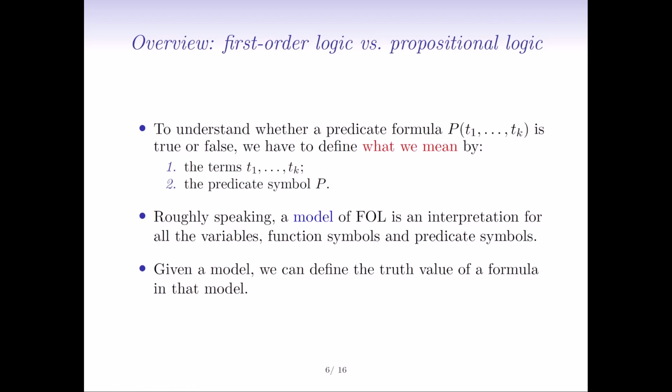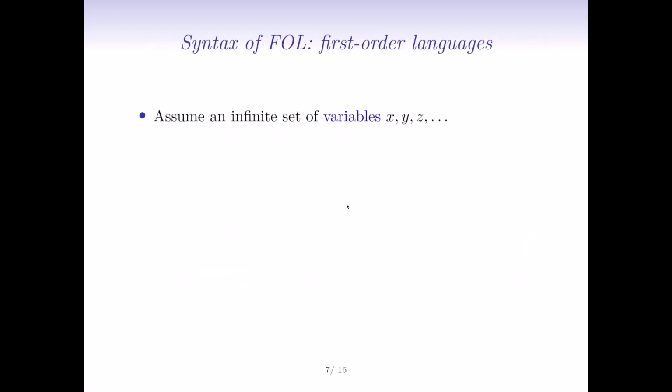And then once we have such a model, we can define the truth value of a formula in that model. Of course, for any given formula, or indeed any given language which contains some predicate symbols and function symbols, there are in general going to be many different models, or many different ways of interpreting those symbols, just because a symbol can really mean whatever you decide that it means, given certain restrictions, which I'll describe in a later lecture.